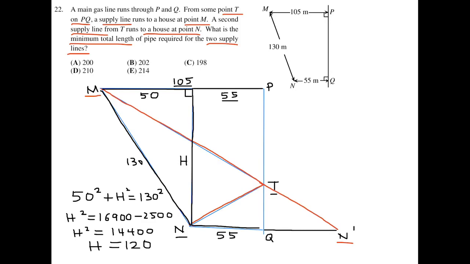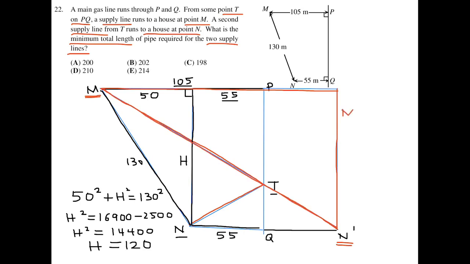So how do we now figure out the distance from N to N reflection? Well, we will need to use Pythagoras again, but on a larger triangle. A triangle like this, like that. So the triangle that I'm referring to, from M all the way to there, and then from the top all the way to the bottom, and then M to N reflection is what we're trying to figure out.